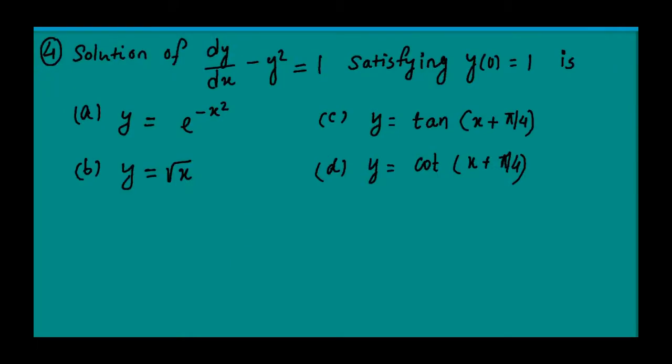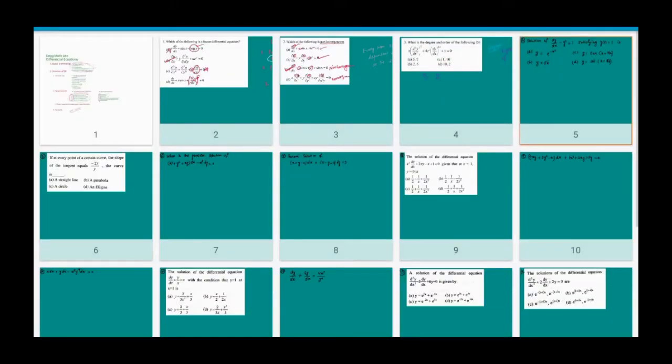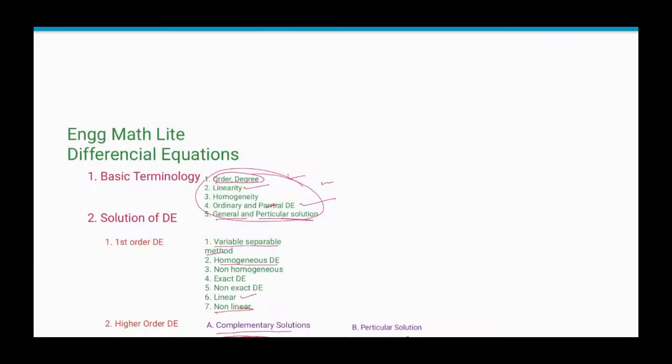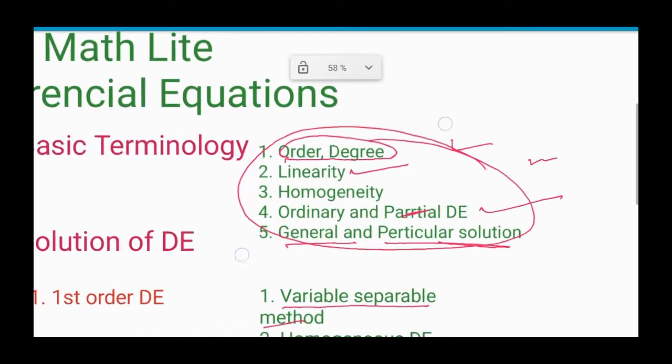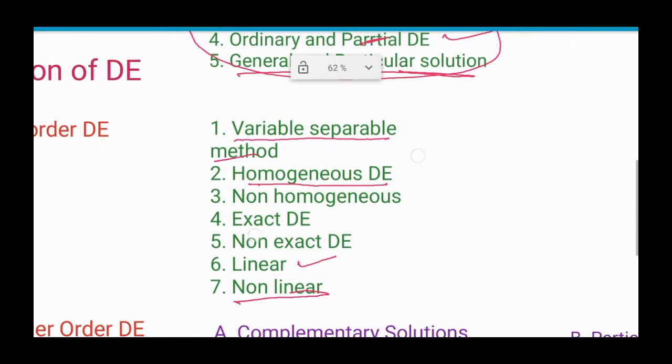Next, question number 4, I have written by hand. Solution of dy by dx minus y square is equal to 1 satisfying y of 0 is equal to 1. Why I am giving this type of problem is that this comes from the variable separable method.